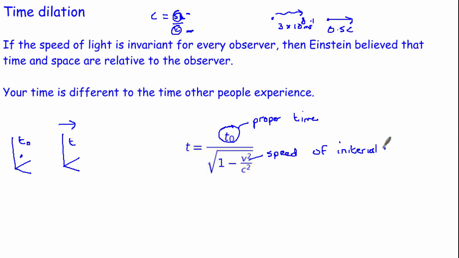So that's the speed of our inertial frame, and c is the speed of light.